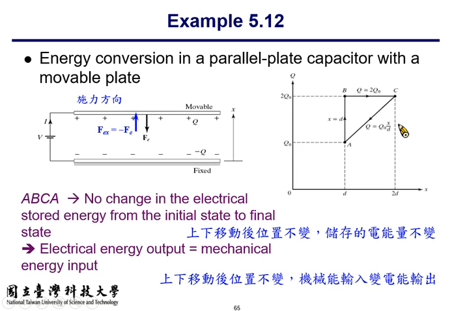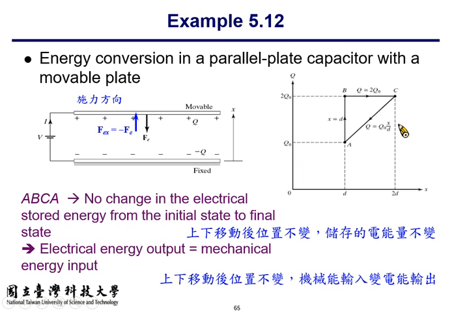Okay? So what happens in the course of B to C? Note that from B to C, the plate is moved up, so the distance increased from D to 2 times D. If the battery is connected at that moment, the amount of charge on the top and bottom plate should become smaller.